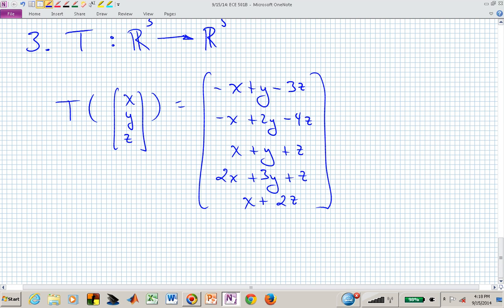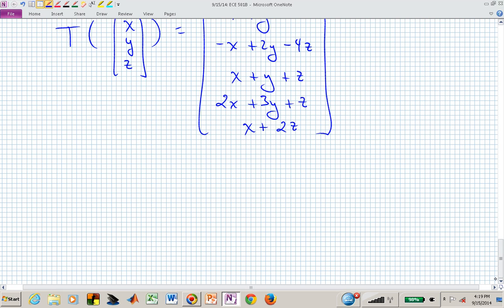And we want to know, is it possible to find some value or values of x, y, and z that actually force all 5 of those rows to vanish or to become equal to 0.